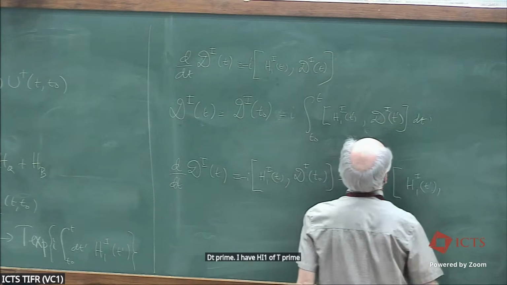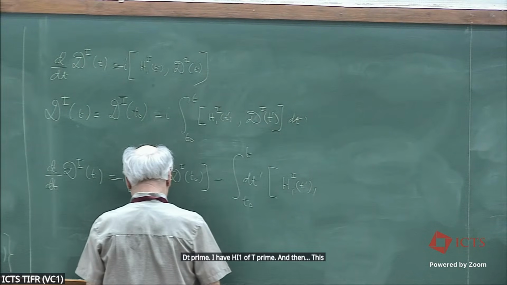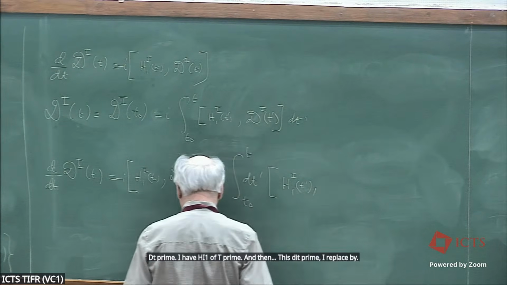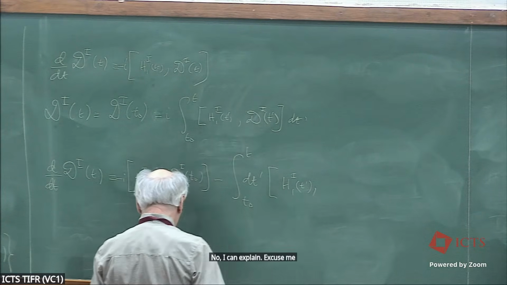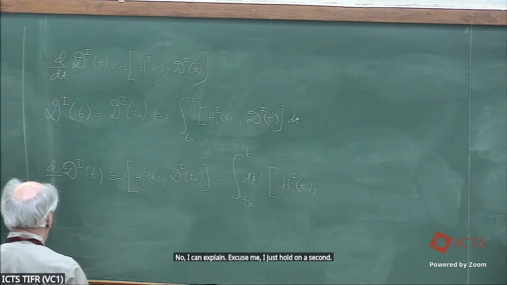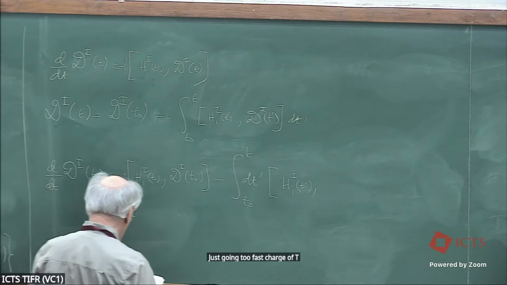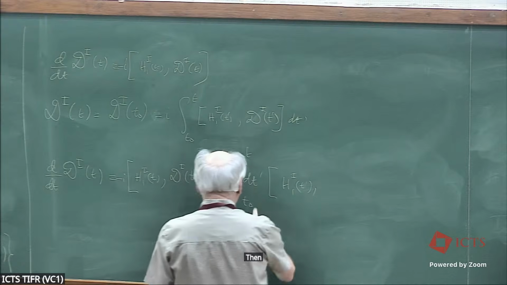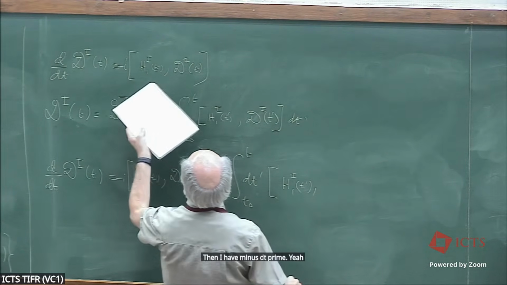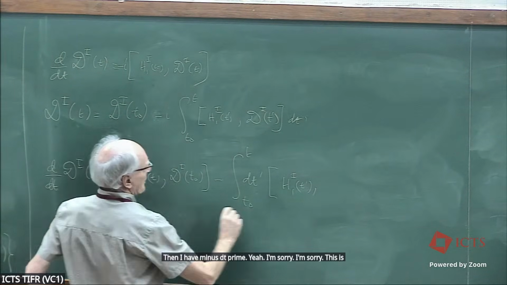And then this dI t prime, I replace by, no, actually, excuse me, hold on a second. I'm just going too fast. This H1 of t, that is correct. Then I have minus dt prime. I'm sorry, I'm just replacing, this is where I should replace things.